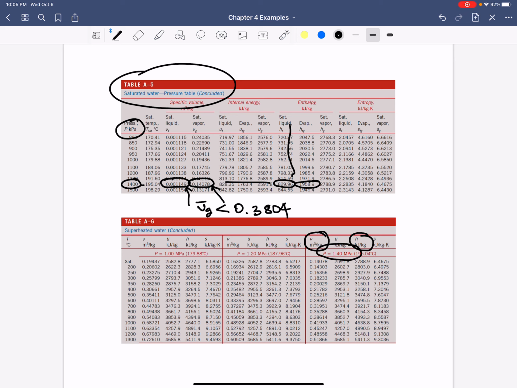So our specific volume is 0.3804, so somewhere in between, right? And then the enthalpy should be somewhere in between these numbers. That means that you need to do linear interpolation.